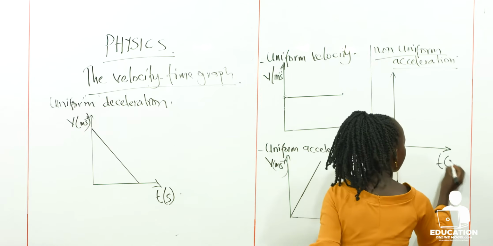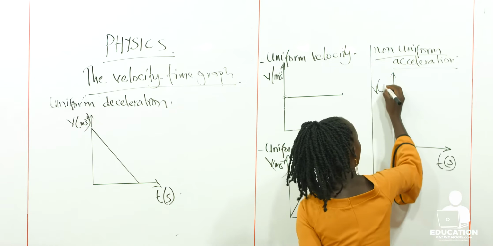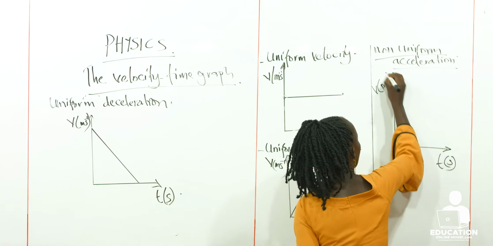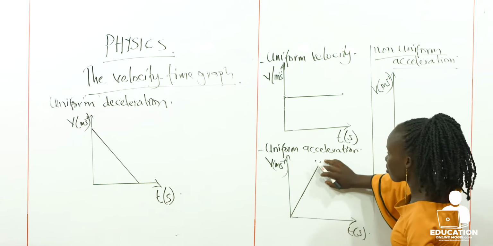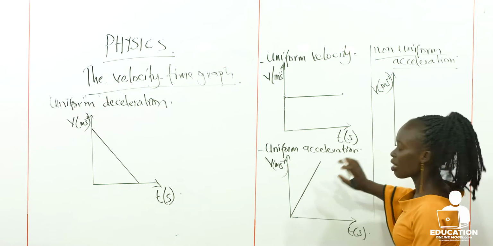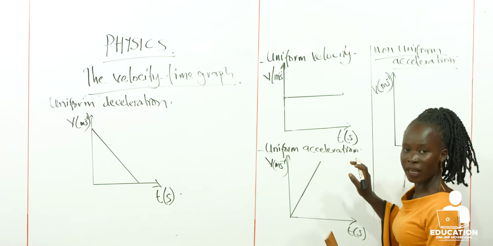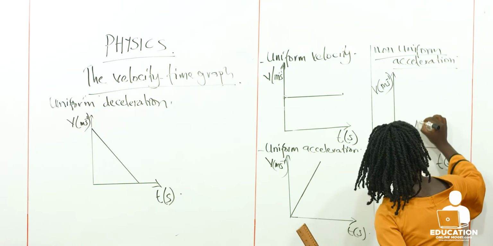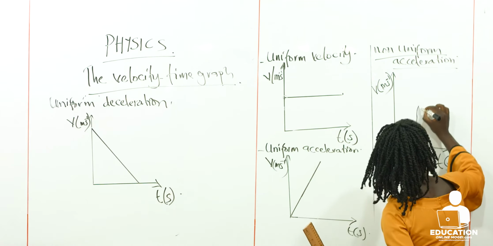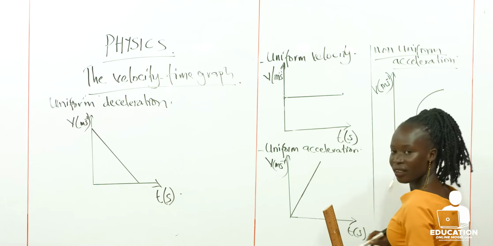This is our time, and then the velocity. Instead of this line as in the uniform case, because the body is accelerating non-uniformly, you will get curves like that. It can reach a point and then change again like that.